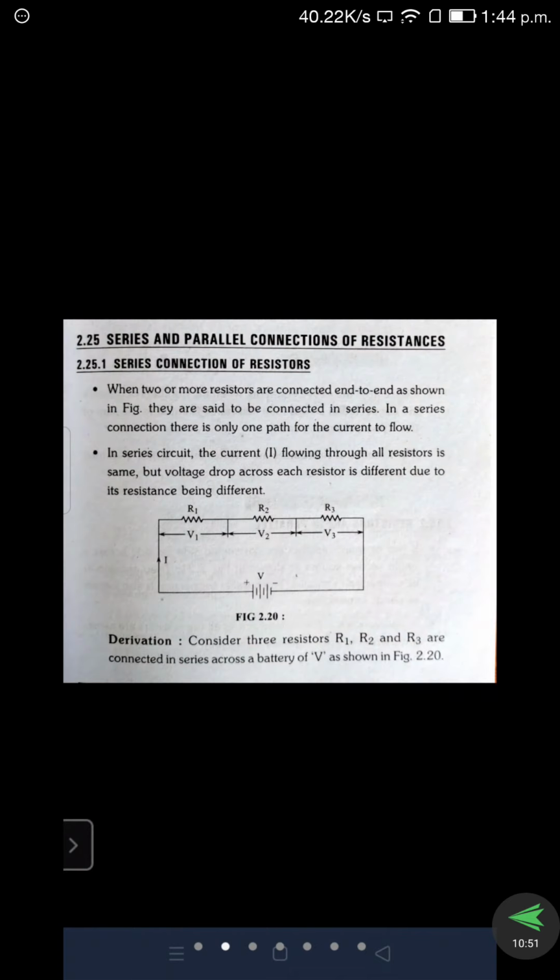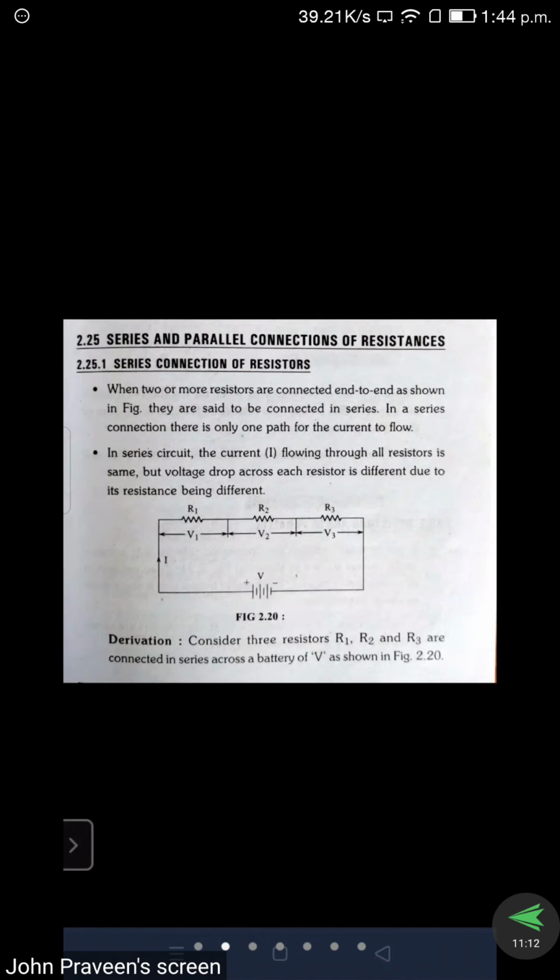Then we see resistors connected in series and parallel. We already know that to reduce the voltage and current in a given circuit, a combination of series and parallel resistances is essential. That is why we use series and parallel connections.